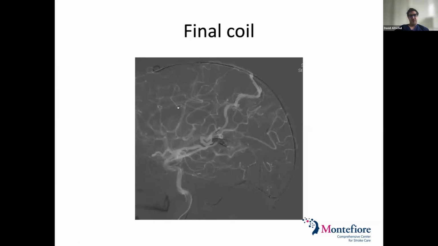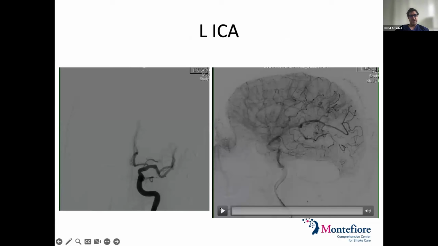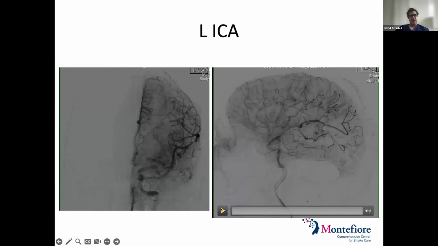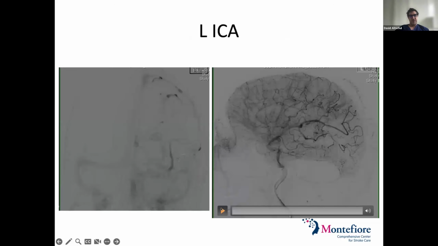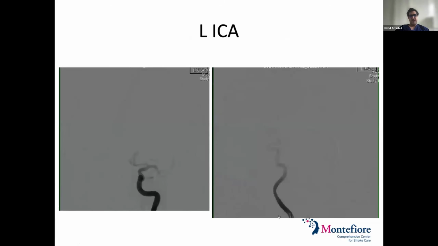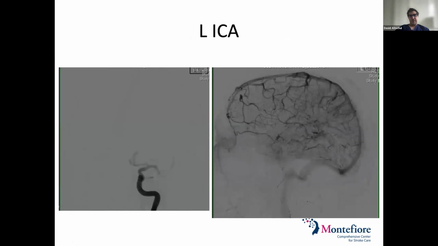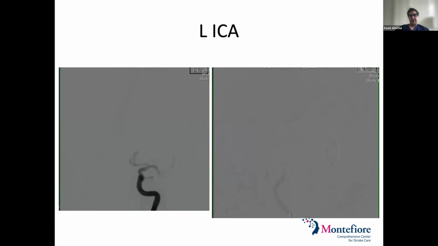So this was after coiling, looking pretty good. No obvious shunting anymore. Still a little bit sluggish flow in the cortical veins, but given where we started, it looked pretty good. The ECAs also look good now, with no obvious shunting there.